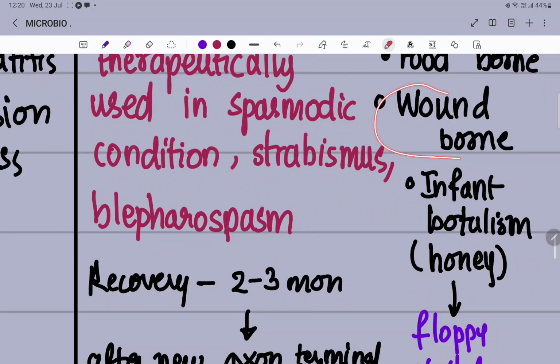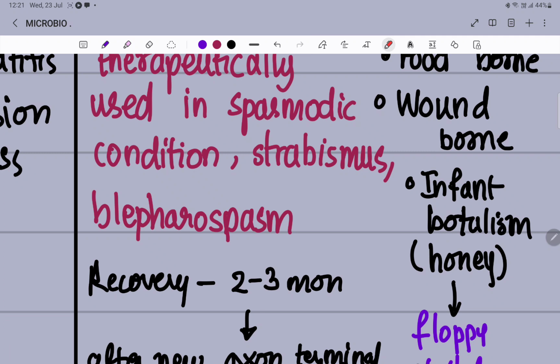Second, it is wound borne botulism. Now, wound botulism, what is it? It is like foodborne botulism except for the absence of gastrointestinal features. So it won't have features like constipation or any kind of GI effects like diarrhea or vomiting.